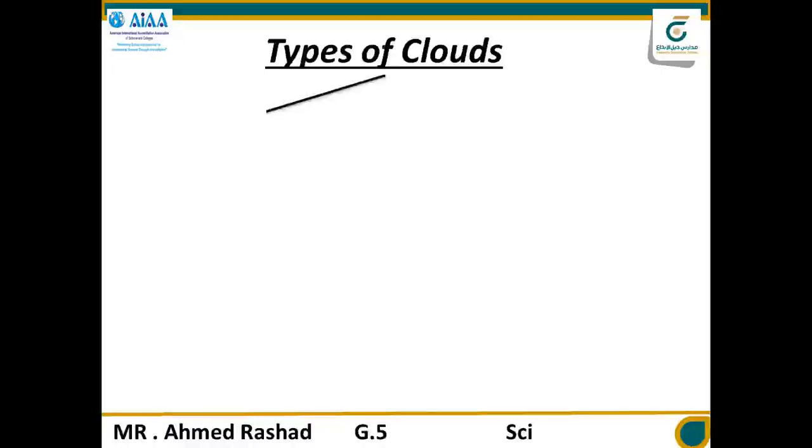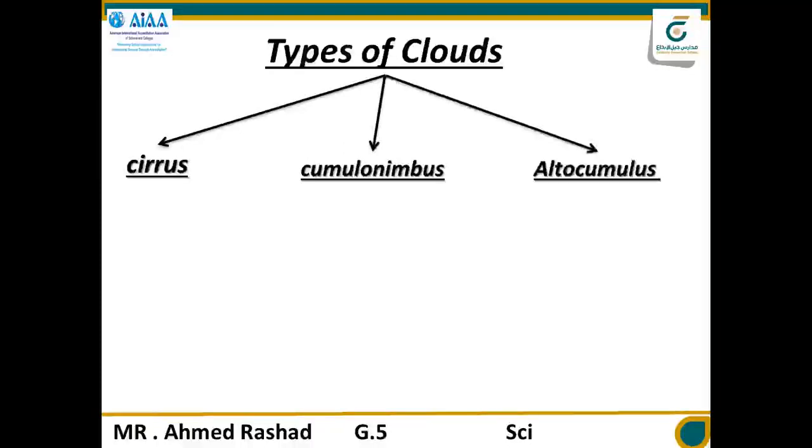Number one is called cirrus, number two is called cumulonimbus, and altocumulus. That's three kinds of clouds, and we have another two.